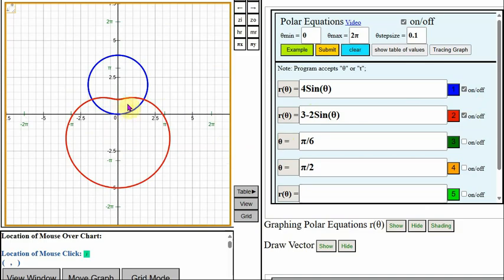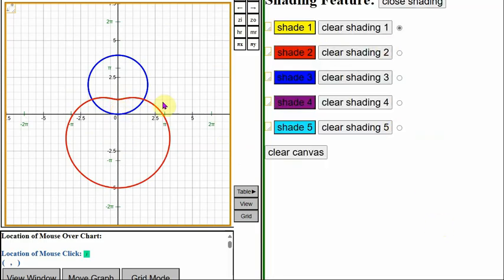To find the area of the region that is inside of both curves, we can just find the area of this part right here, and then just double it. So find the area of this piece right here, and then double it.